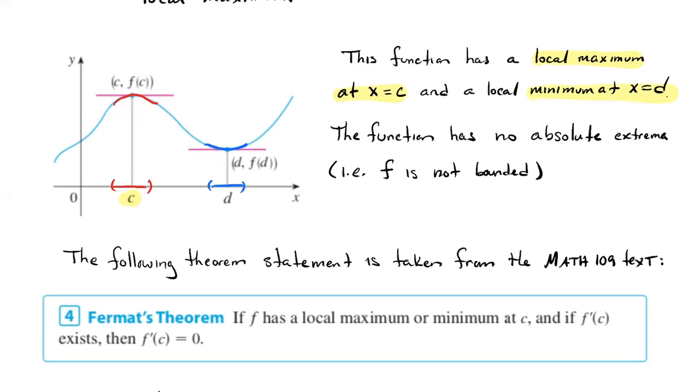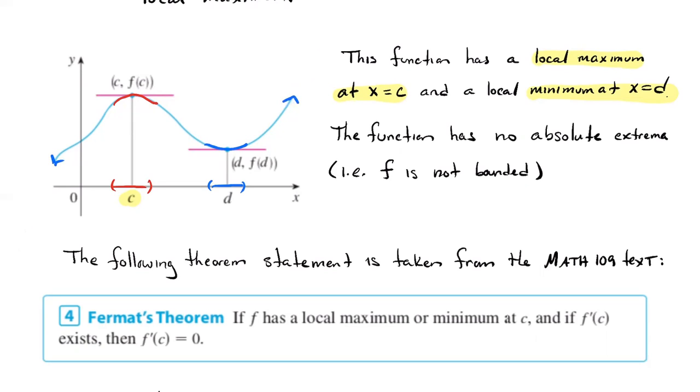I like this picture because it illustrates that this function, if we extrapolate off to the sides of the picture, is not a bounded function. So it doesn't have any absolute extrema. It doesn't have an absolute minimum because this arrow means that the values will just descend indefinitely. It doesn't have an absolute maximum because they ascend indefinitely.